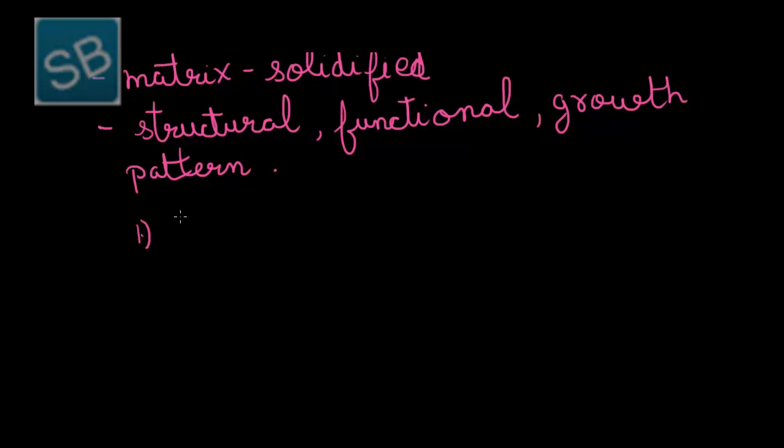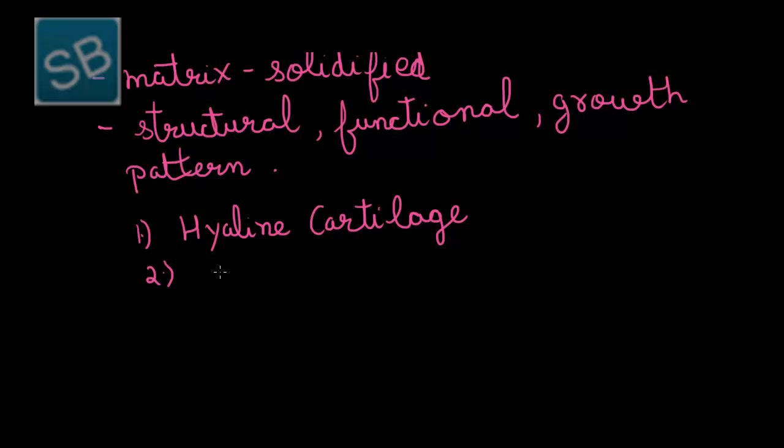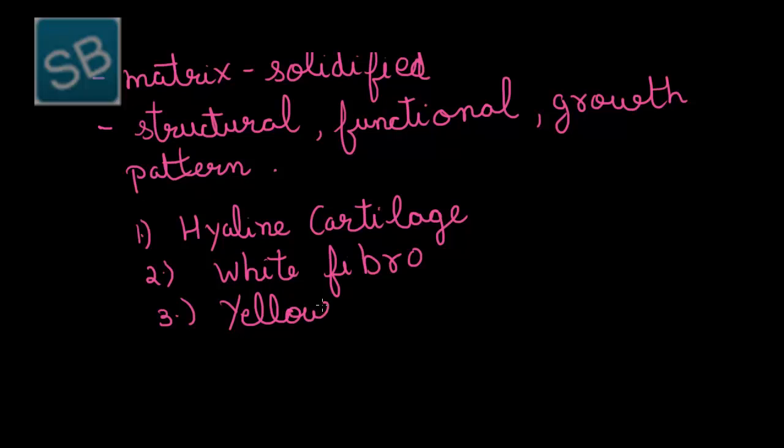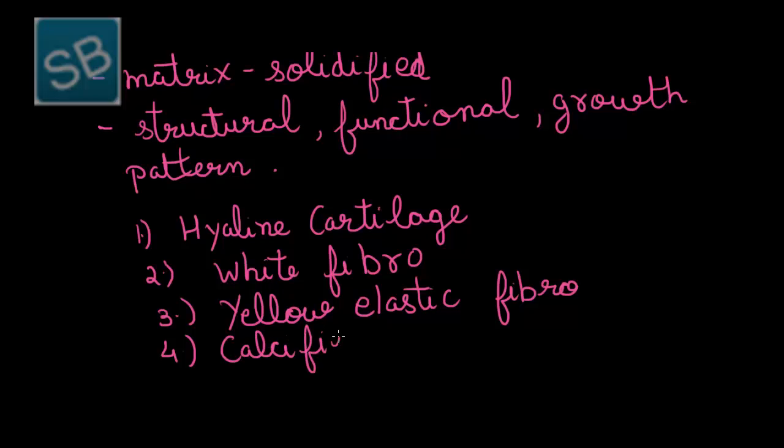First is hyaline cartilage, then comes white fibrocartilage, yellow elastic fibrocartilage, and last is calcified cartilage. Let us begin with the hyaline cartilage.